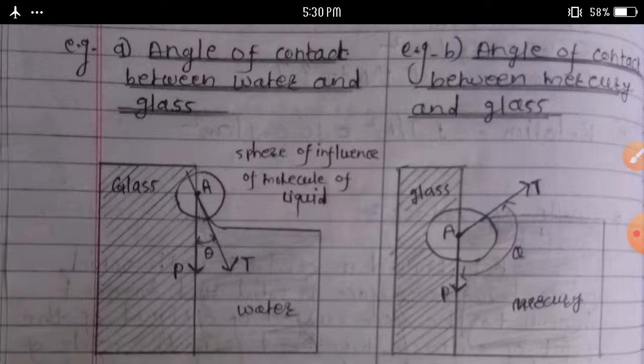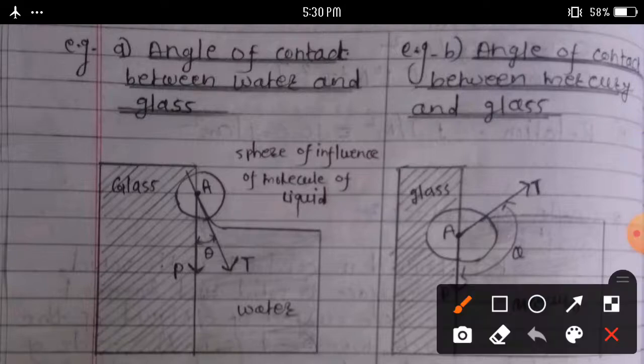The tangent to the solid surface is AP here. And AT is the tangent to the liquid surface. Here is the liquid surface. Here is the angle of contact between water and glass.